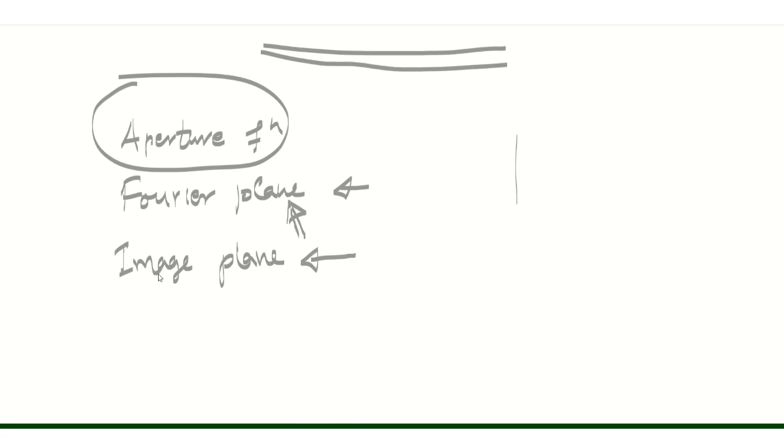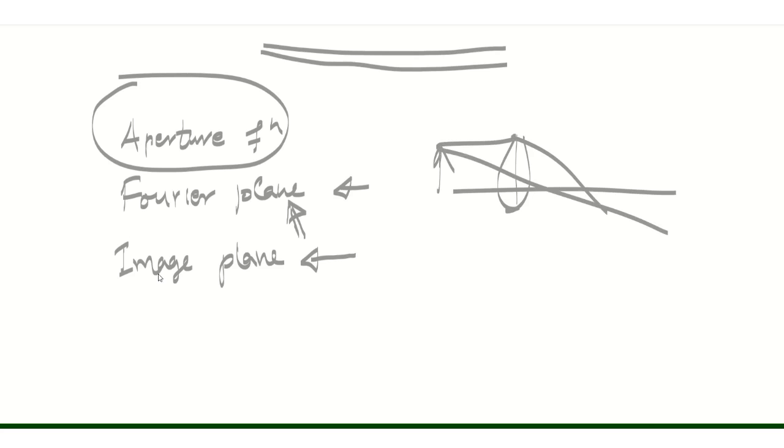It depends on where your object is with respect to the lens, and you know magnification and image formation, all these things. This aperture function, Fourier plane, and image plane, they are all to be clear in your mind.